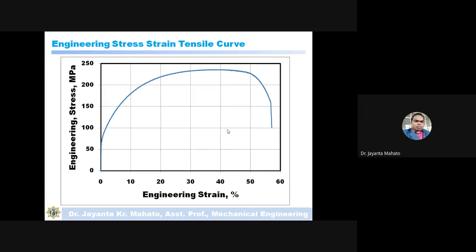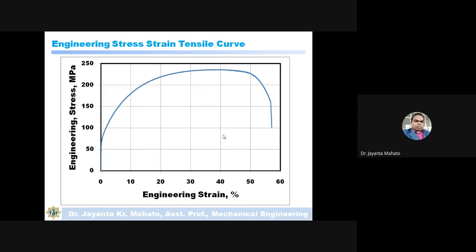I have done one tensile test. The material was copper and the strain rate was 10 to the minus 3. So this curve is obtained from those tensile test raw data.